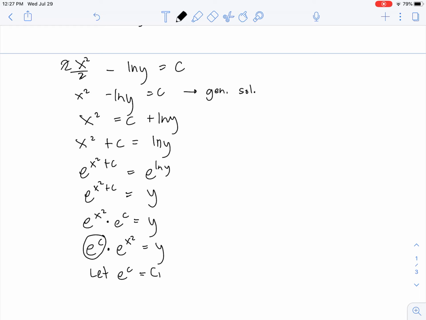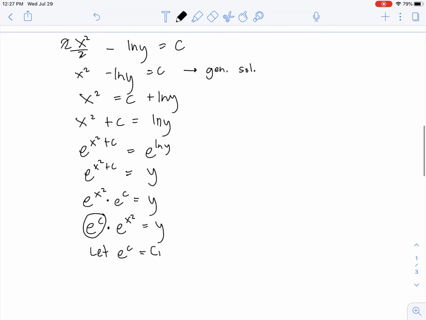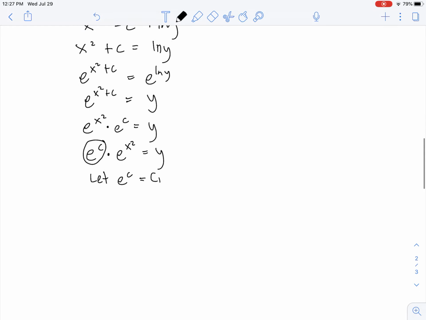Ang e kay constant man na siya, katong 2 point something something. So pwede ra siya mahimong new C. Okay? So atong tawag na C sub 1. So therefore, kani mahimo na lang ni C sub 1 times e raised to x squared is equals to y. Okay? So almost done.